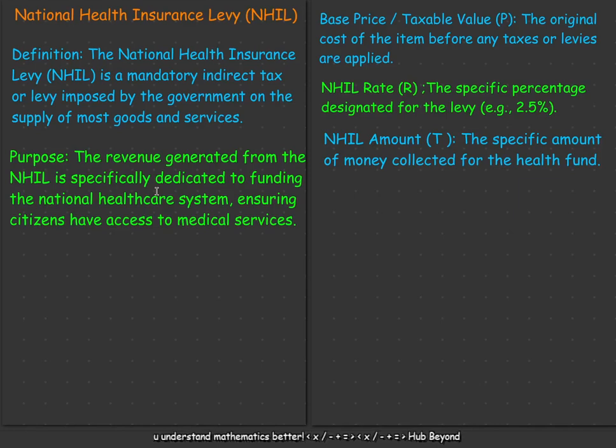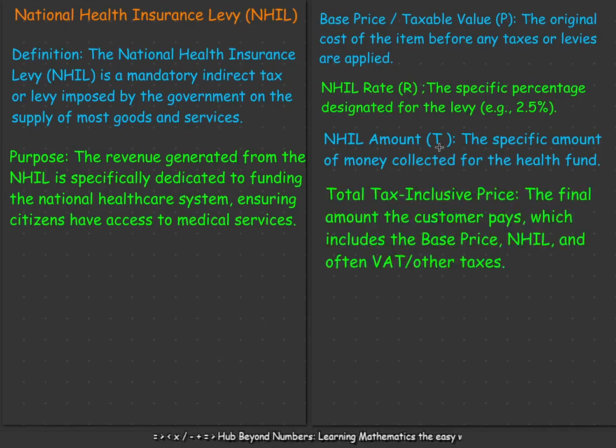Now, if you calculate the percentage itself and convert it to a monetary amount, then we say it is the specific amount of money collected for the health fund, and that is the NHIL amount. The last thing is the total tax.